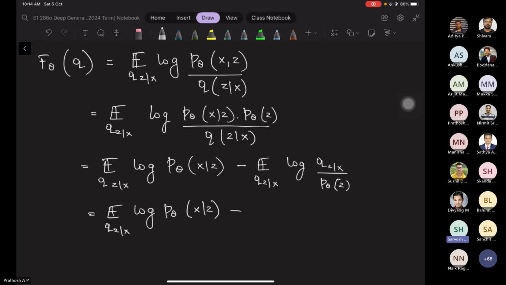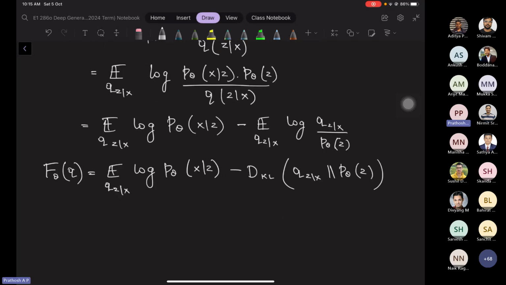It is the KL divergence between q of z given x and p theta of z. So this is actually the loss function of a VAE. This is the ELBO, right? We are writing the evidence lower bound, expressing it this way.